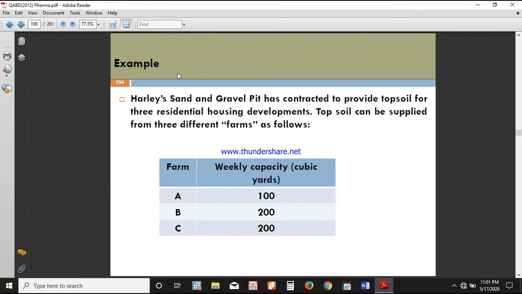Take an example. Harley Sand and Gravel Pit has contracted to provide topsoil for 3 residential projects, farms A, B, and C, with weekly capacity of 100 cubic tons for A. Farm B has a weekly capacity of 200 tons, whereas farm C has 200 cubic tons.